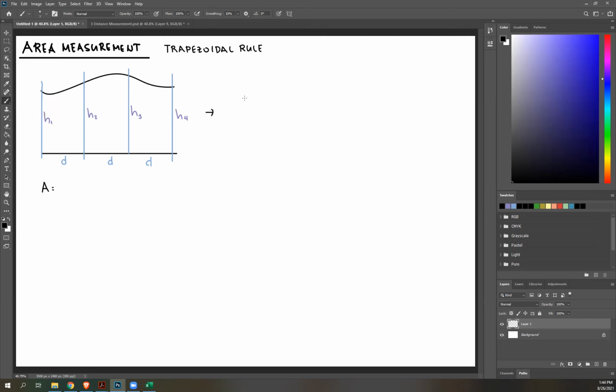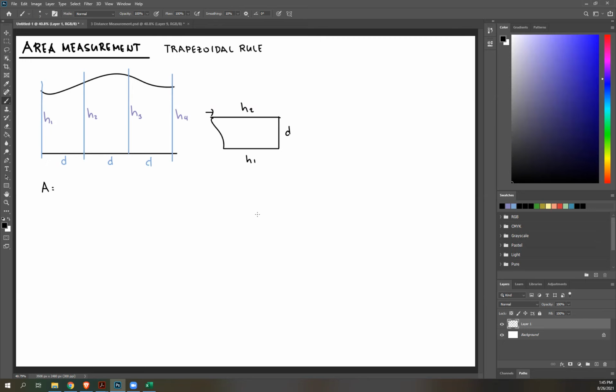Let's consider this area first. So this is your H1. I'm going to rotate it so it's easier to see. Your H1, your straight side, this is your D, and then this is your H2, and this is the top edge.